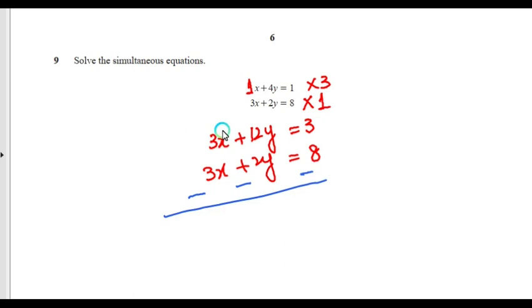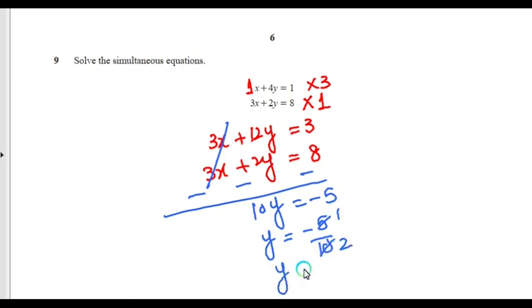So 3x minus 3x cancelled, 12y minus 2y, because this is the new sign, 10y, and 3 minus 8 gives you minus 5. Dividing both sides by 10, so y will equal to 5 over 10, which is 1 by 2. So y will be equal to negative 1 by 2, right?